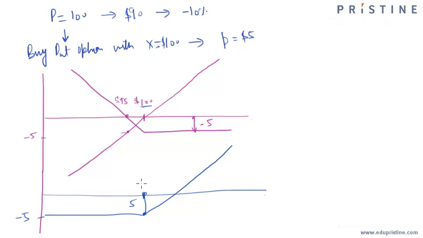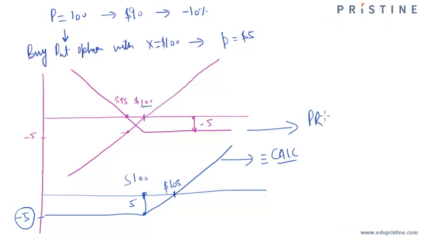This point is $100, so this point has to be 100 plus $5, which is $105. So the break-even point of the resultant payoff would be 105. If you remember, this is equivalent to a call option with a strike price of $100 and a premium of $5, right? So this strategy is called a protective put.